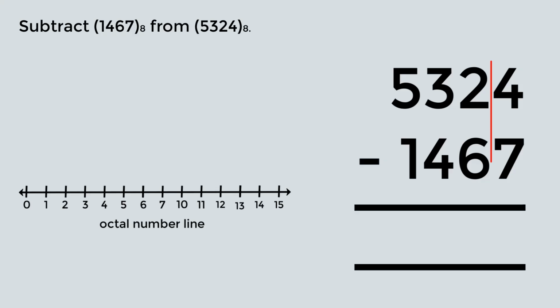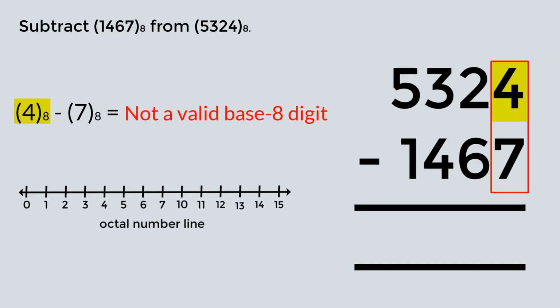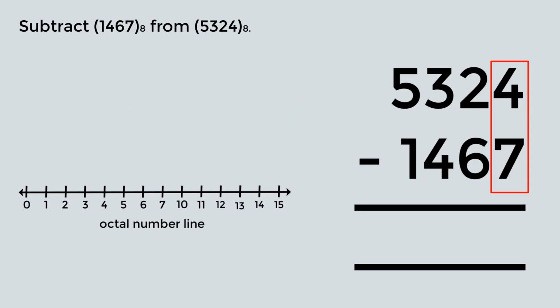Then we start from the rightmost column and first calculate what is 4 minus 7. We cannot subtract 7 from 4, so we borrow from the column to the left. Borrowing is the reverse of carrying. When we borrow 1 from the next position, we are breaking one larger group into smaller groups in the current position.